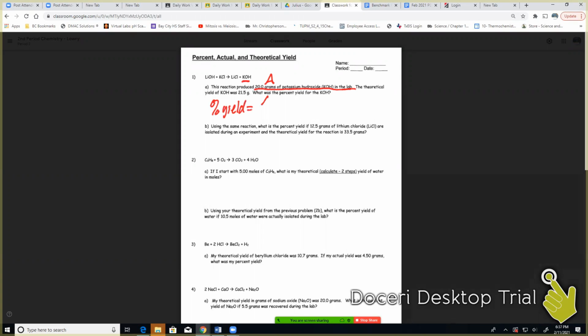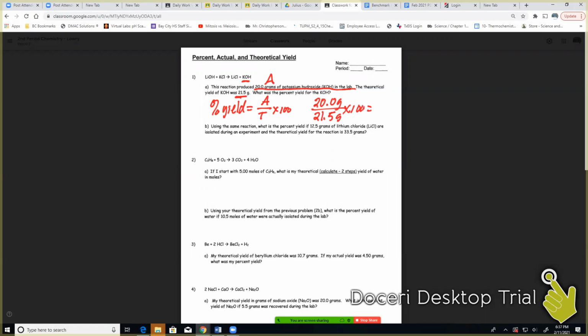I'm just going to shorthand it as actual divided by theoretical times 100. And then it says the theoretical yield was 21.5. So once again, I'm given it, I don't have to do stoichiometry to figure it out. So I'm going to take my 20 grams, divide by my 21.5 grams, and multiply by 100.